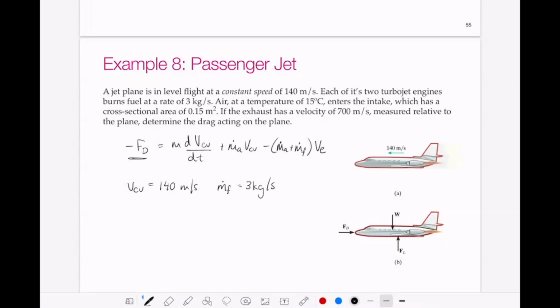The air has a temperature of 15 degrees C. And if we were to look up our density, this would be a density of 1.23 kilograms per meter cubed, and this would be at the inlet.